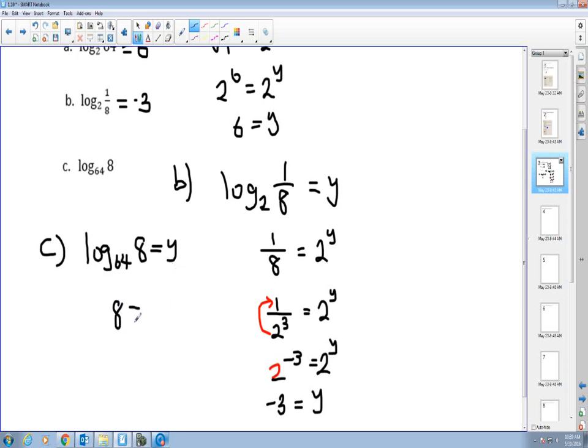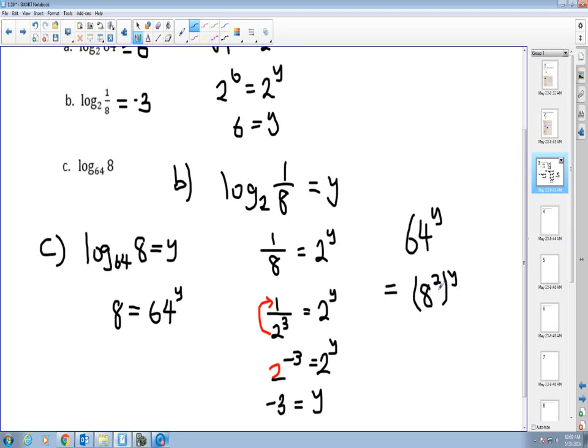And I get 8 equals 64 to the y power. Excuse me. I know 8 times 8 is 64. So my 64 to the y power can be written as 8 squared, that whole thing raised to the y power.